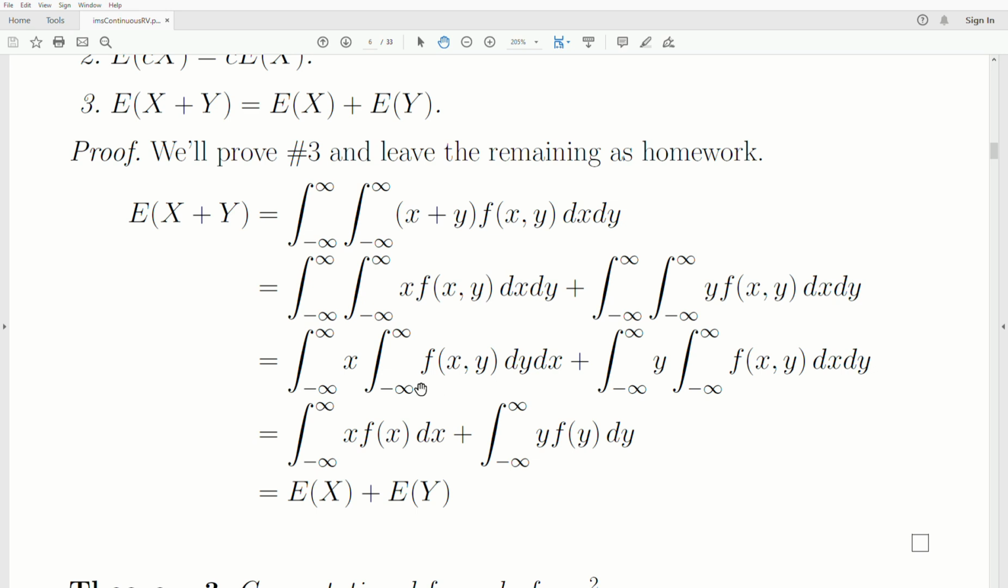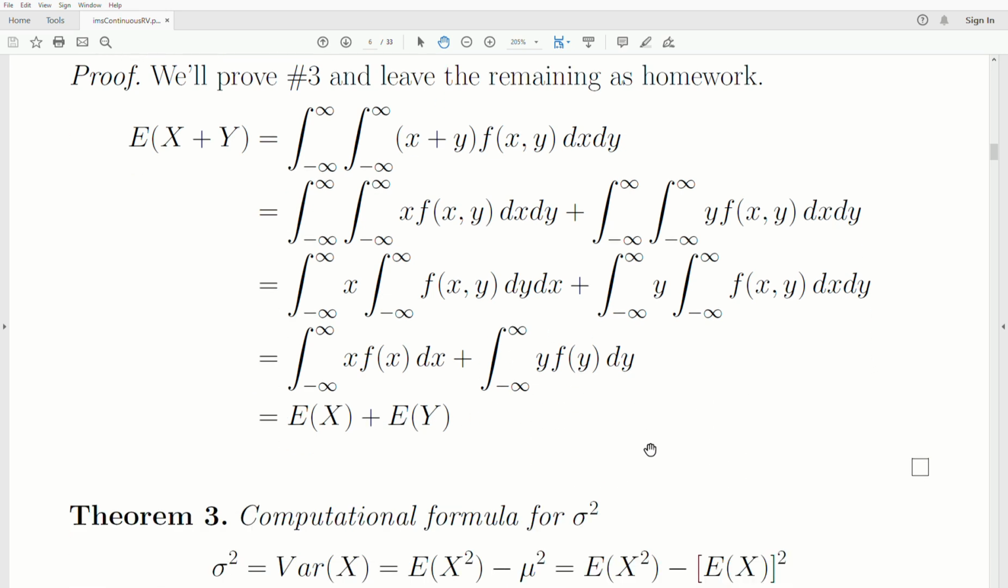But when we integrate over all possible values of one of the variables in a joint density, that leaves the marginal density. So we integrate out y, that just leaves f of x. And over here, we're integrating out x, that leaves f of y. Well, these are the definitions of the expected value of x and the expected value of y. And that's what we wanted to show.